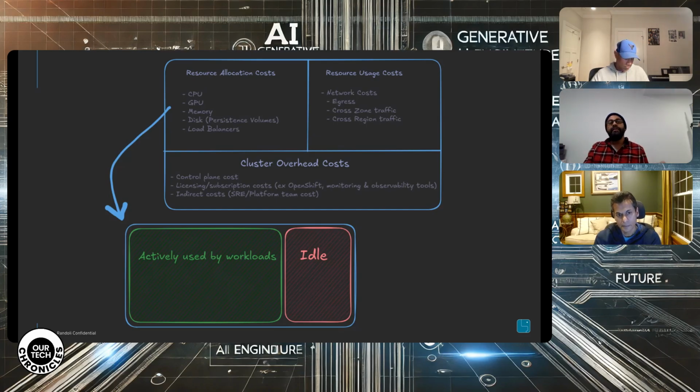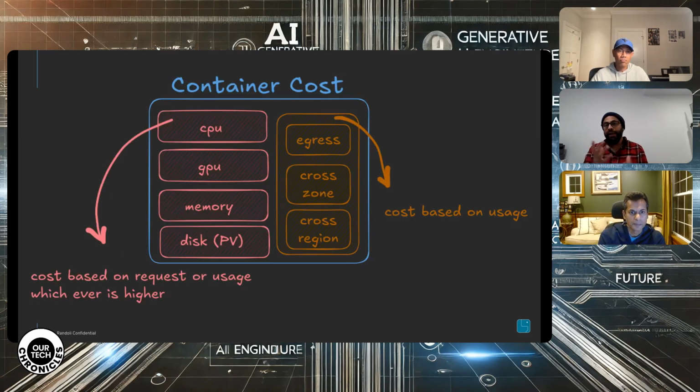And then let me talk about the breakup of a container cost. The container is the smallest unit, right? I mean, you take the pod, but a pod is, or could be, one or more containers. So if you look at the container cost makeup, each container will use a certain amount of CPU. Some will use GPU.